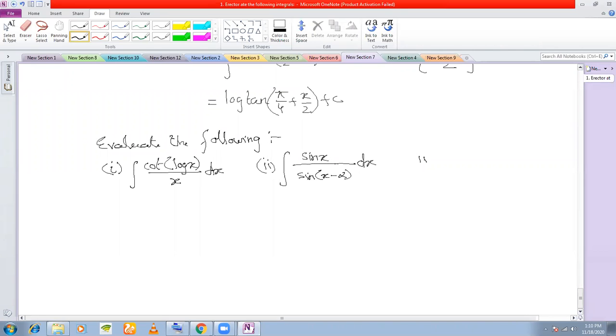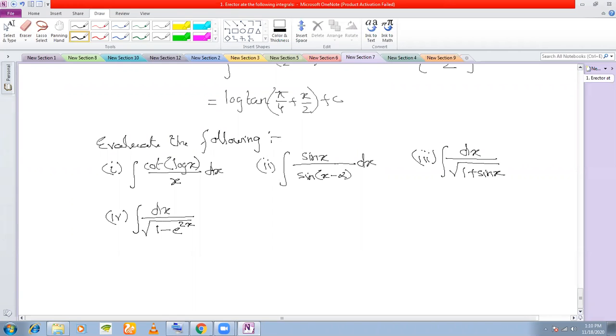All these are your standard problems. Integral dx by root(1 plus sin x). And the next one is integral dx by root(1 minus e to the power 2x).